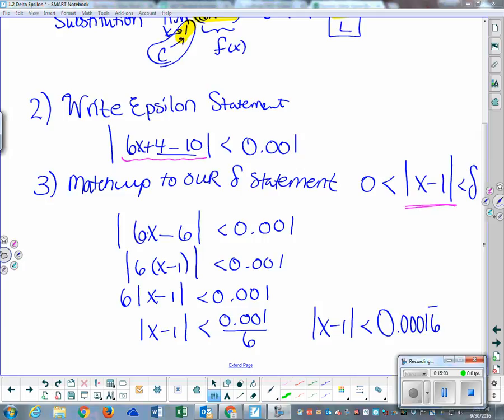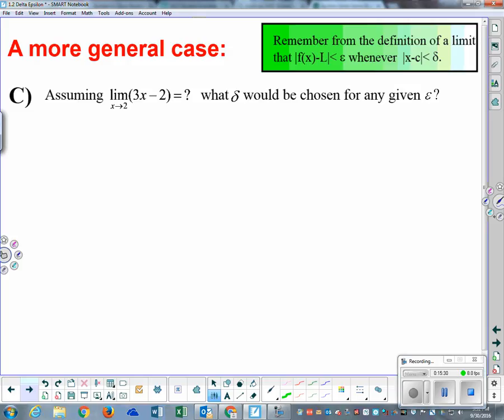It's 0.00016. And that means then that my delta would be 0.00016 repeating. We have to be really, really close to c in order to guarantee that our output will be within 1/1000th unit from L. Last one, and then we'll call it a day.